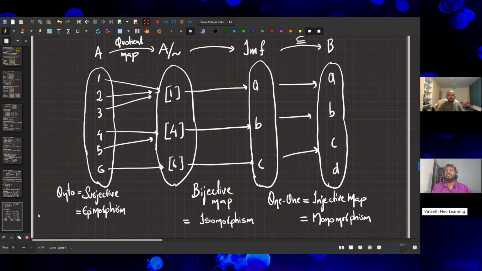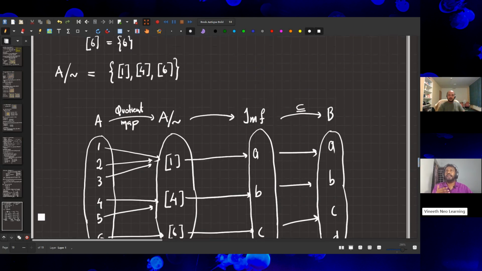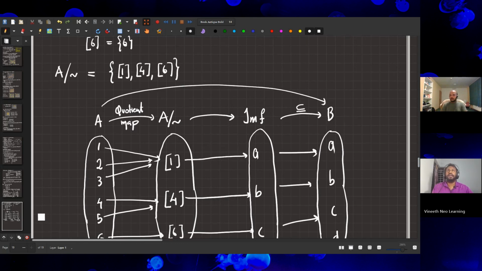So what we have done here is that we had a function F from A to B, and we have decomposed that function. First we made a map from A to the quotient. This is a quotient of an equivalence relation defined as equality in terms of same image.